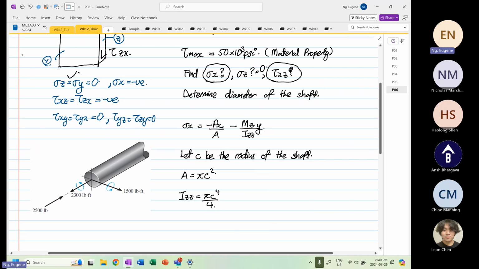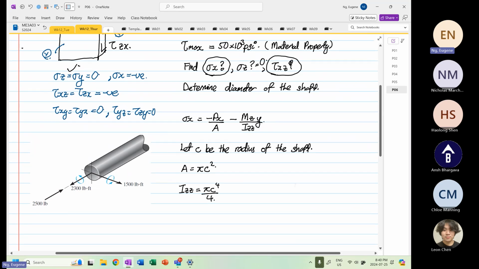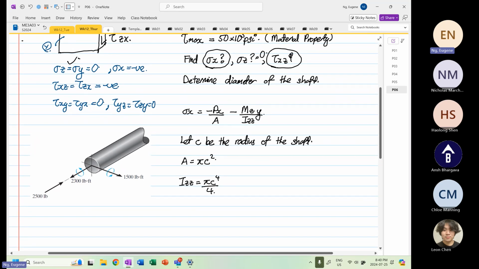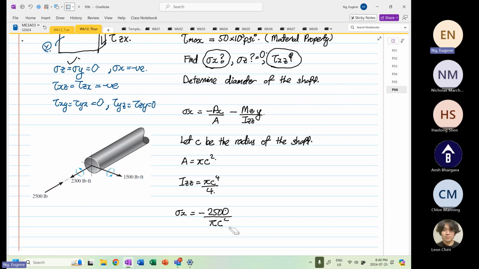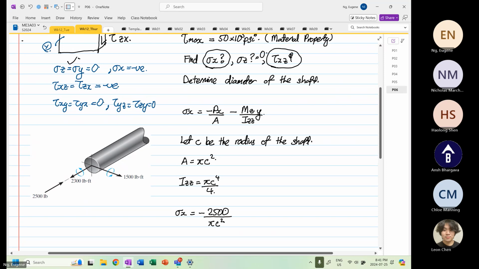Now we know all this, so we can compute stress x. Stress x is equal to minus 2500 divided by pi c squared, not pi c to the 4, let me write properly, pi c squared, and then minus Mz.